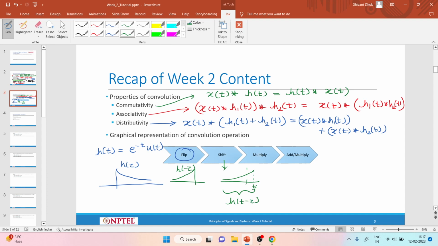After getting this we need to multiply it with x of tau and add or integrate it. So basically this is integrate, not multiply. Add or integrate, and we need to do that for all values of t. So these four operations characterize the convolution operation entirely. We'll understand this better with the help of examples which we'll solve today.